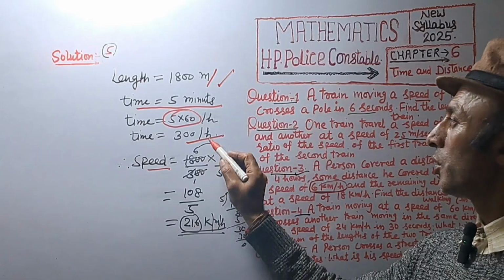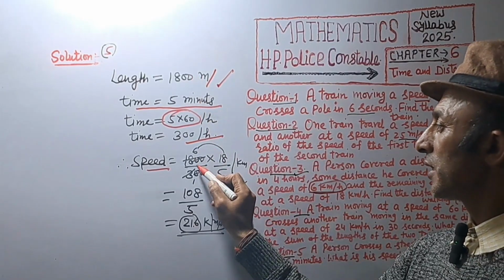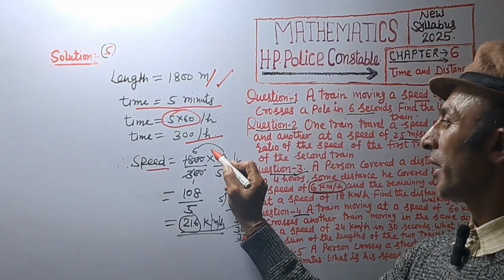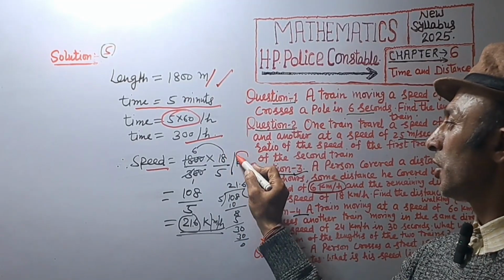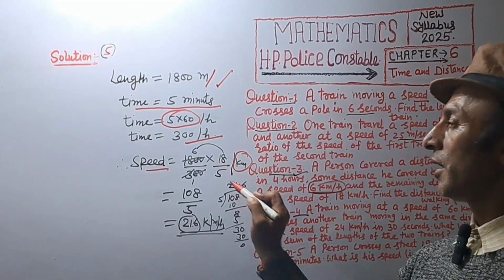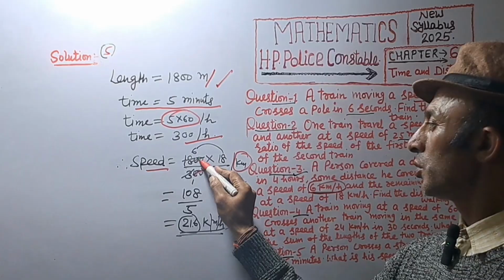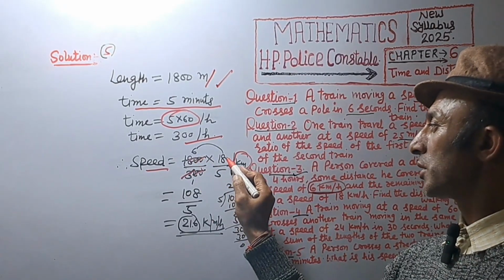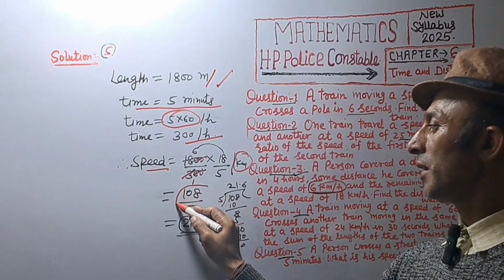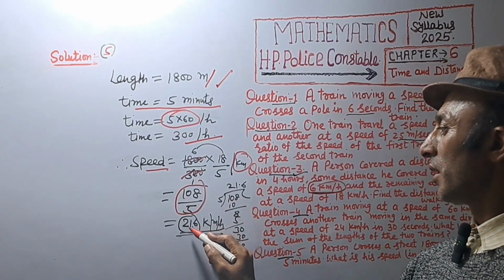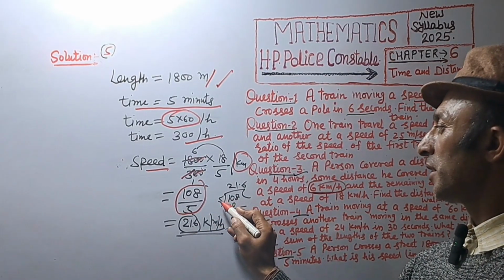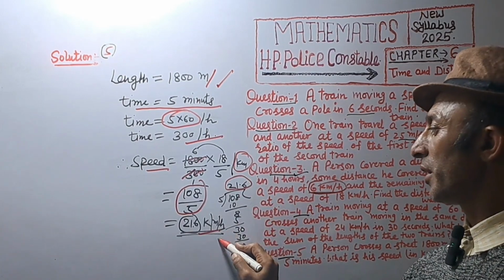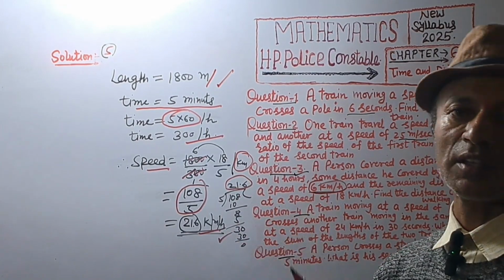And speed is equal to distance 1800 and time 300, multiplied by meter change in kilometer, that is multiplied by 18 upon 5. 0 0 is cancelled and 3 6s are 18. So 18 6s are 108 divided by 5, that is 21.6 kilometer per hour. Answer.